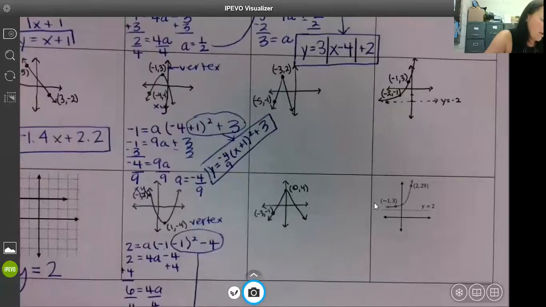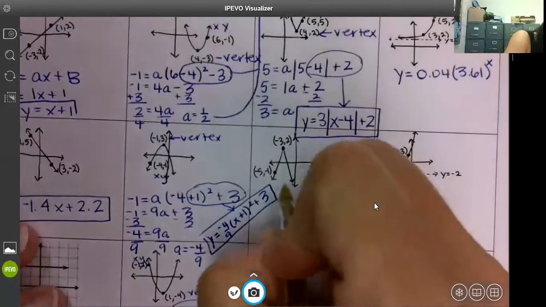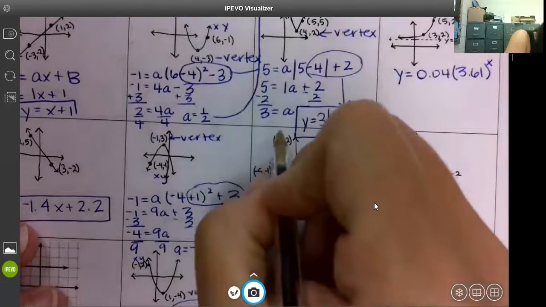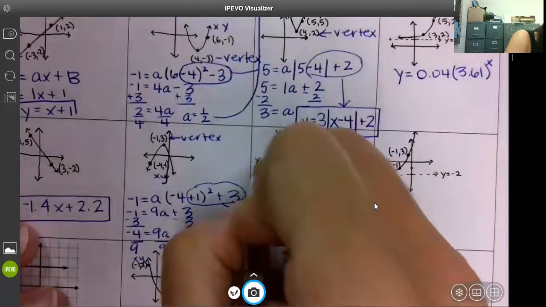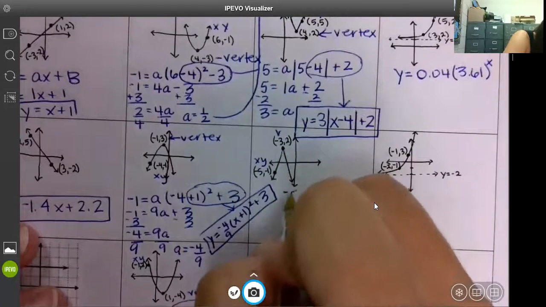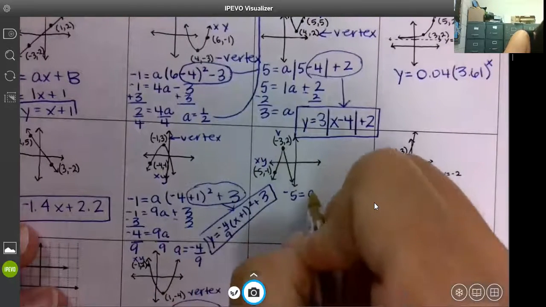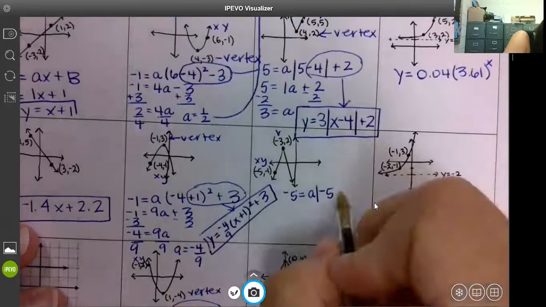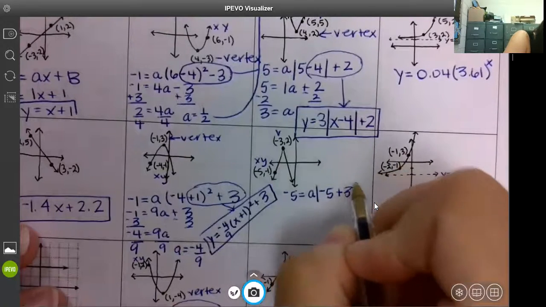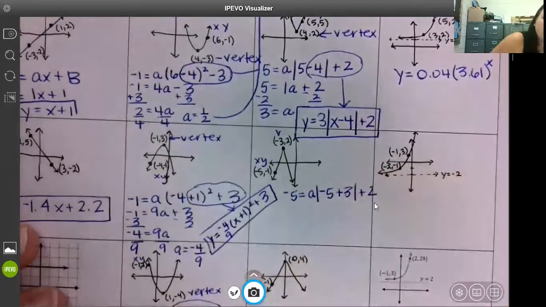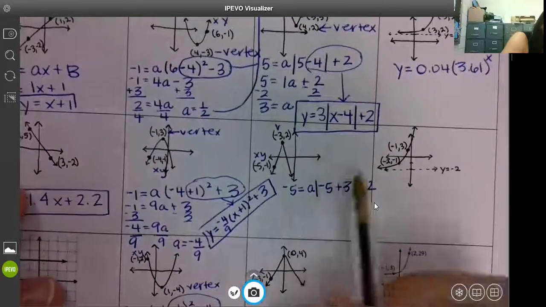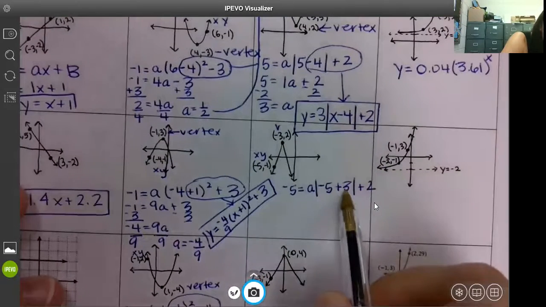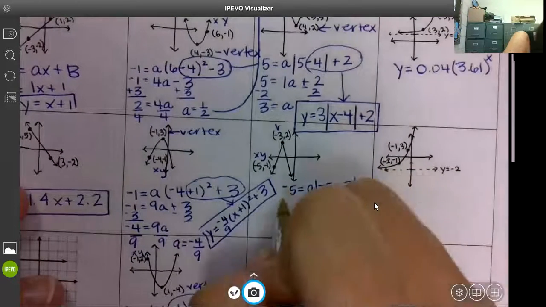All right. So then absolute value, this is our vertex. This is our x and y. -5 equals, we don't know our a. Absolute value, our x coordinate is -5. Change your vertex x, keep your y. -5 plus 3 is -2. The absolute value is +2.